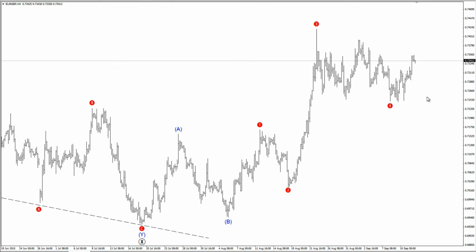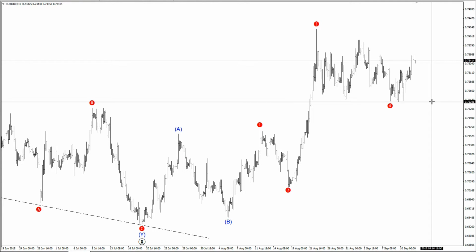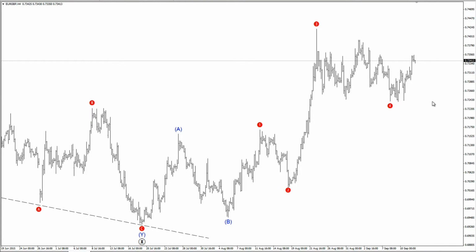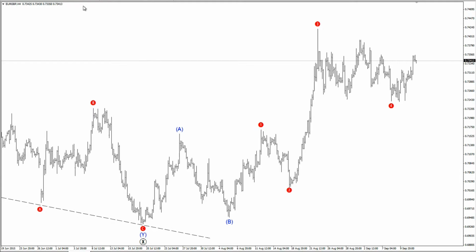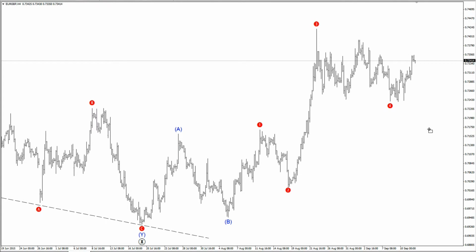I have labeled the minuette wave 4 as completed and the low is 0.724 approximately. Those of you who are watching the video can see the label, the fourth wave low.